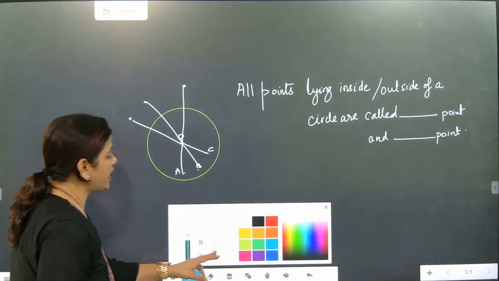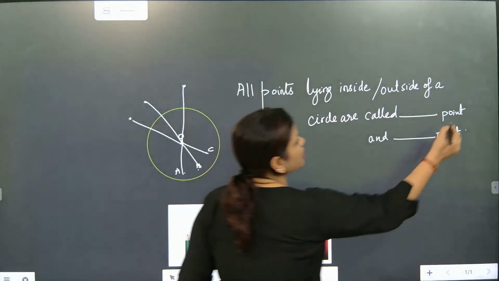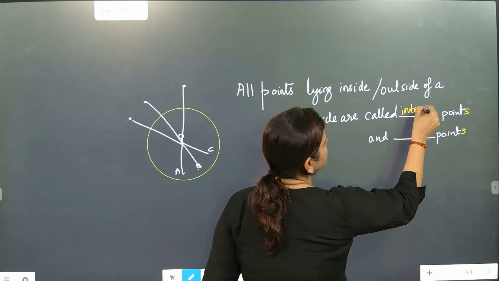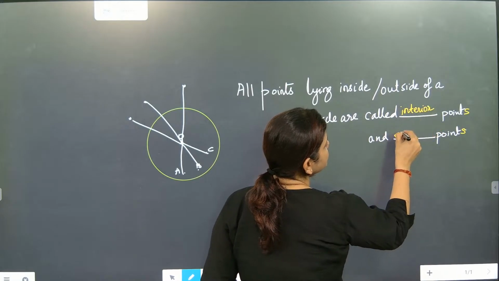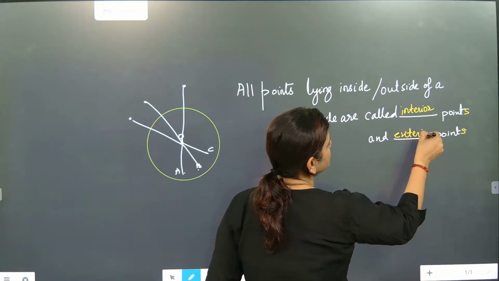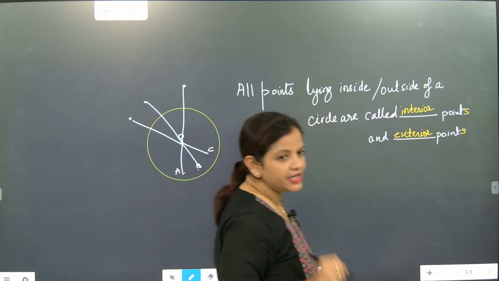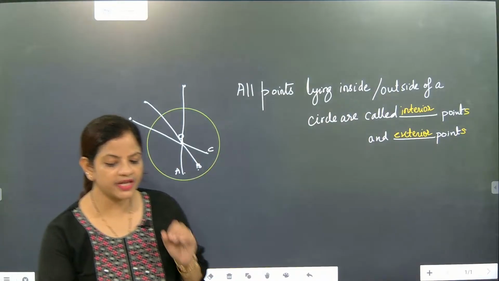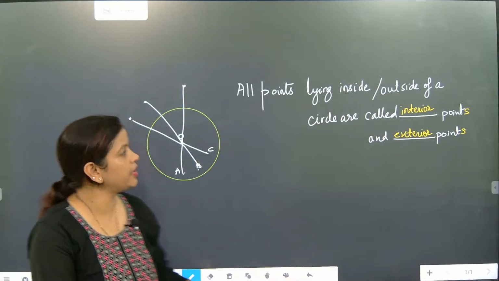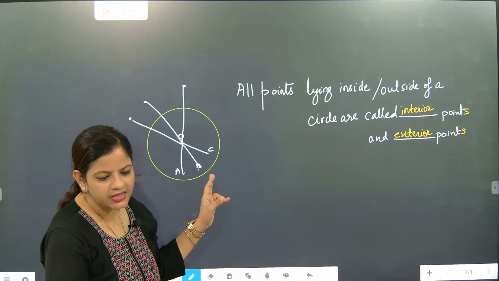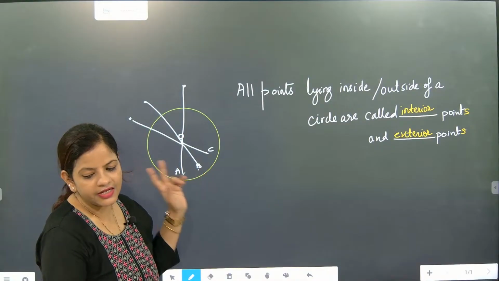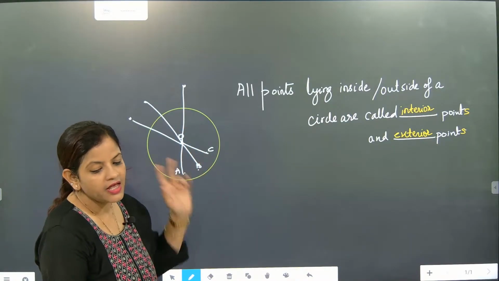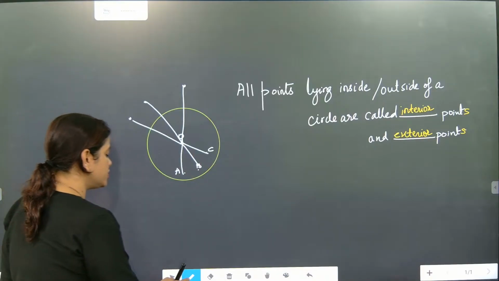They are called interior points and exterior points. Note it down. Yes, very good. Interior means inside and exterior means outside. So those points which lie inside the circle are considered interior points, and those points lying outside the circle are called exterior points. This was the first fill in the blanks.